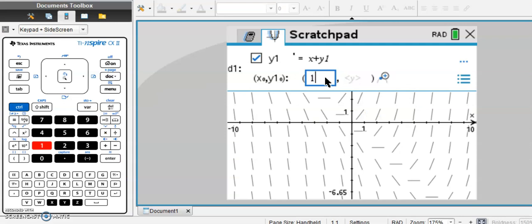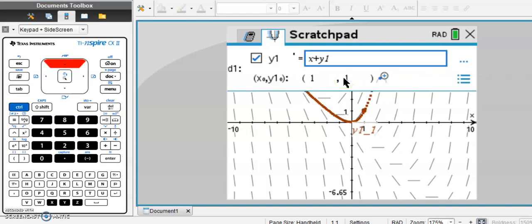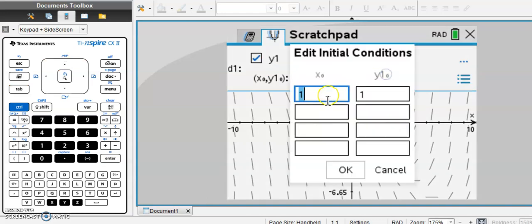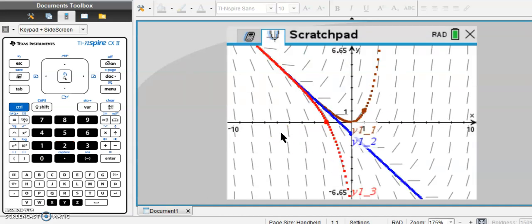Yeah, the initial point (1, 1), we can see that first curve that we created. If I give it that initial condition (0, -1), and the other initial condition, which was (-2, 0), we can see those other two solution curves as well. And that kind of looks like what we graphed by hand.